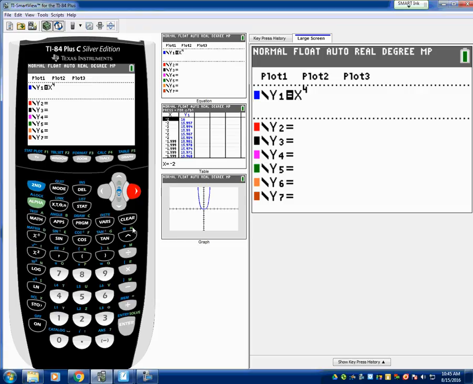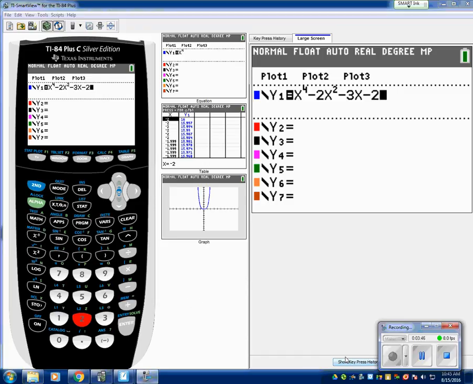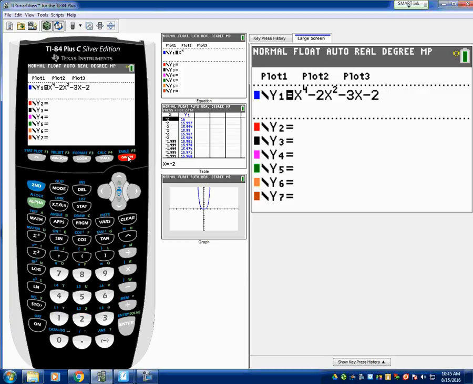So x to the 4th minus 2x squared minus 3x minus 2, and you just type that in just as you see it there. Next step then is to go ahead and graph it.